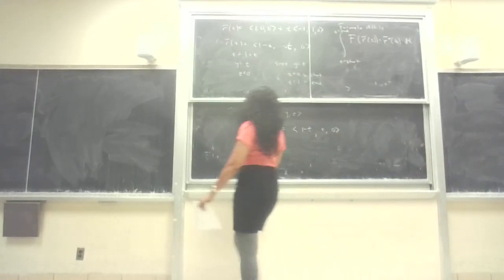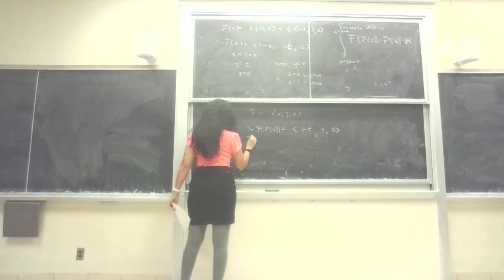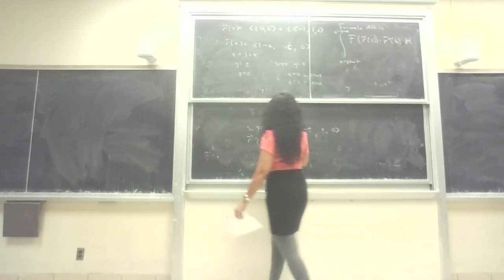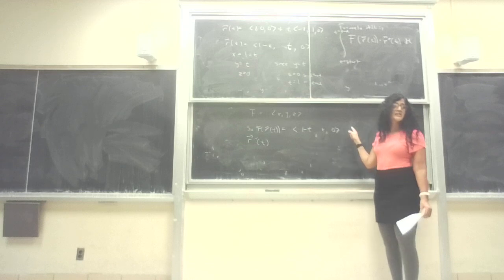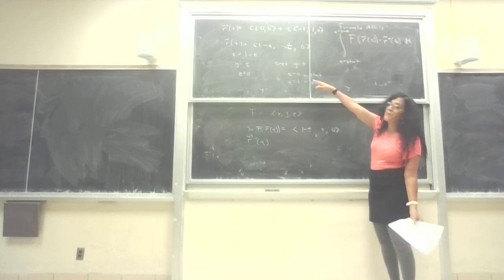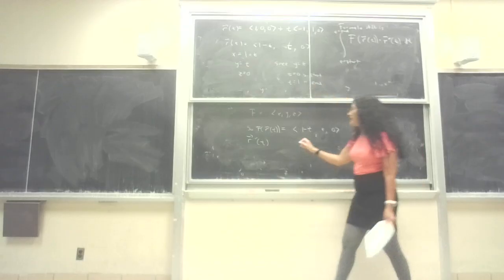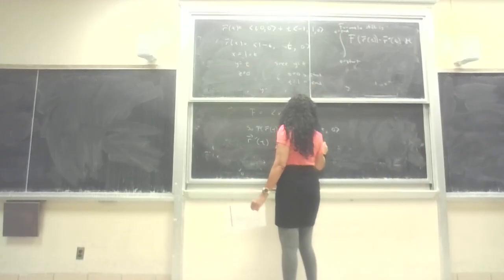Okay, so F dot. Okay, I need R prime of T too. Where does that come from? How do I get the R prime of t? Some people took the derivative of this on the test. Not this class. I go back to the top. So I get minus 1, 1, 0.